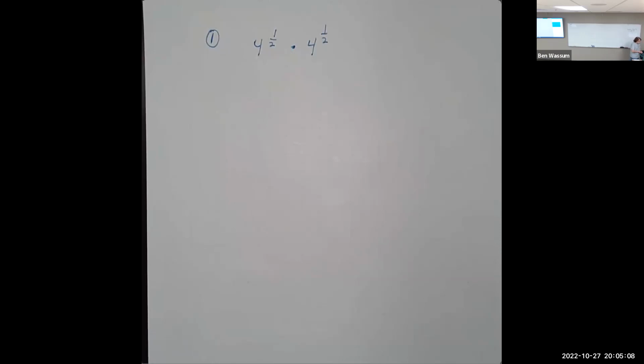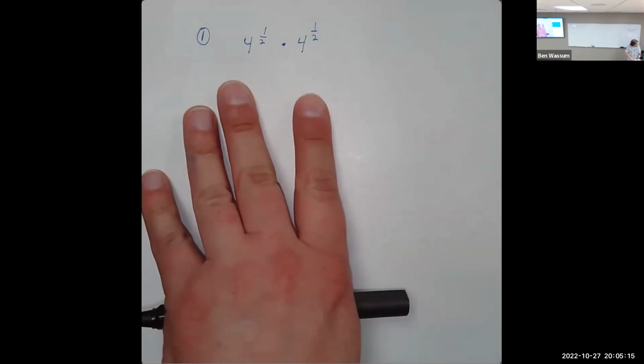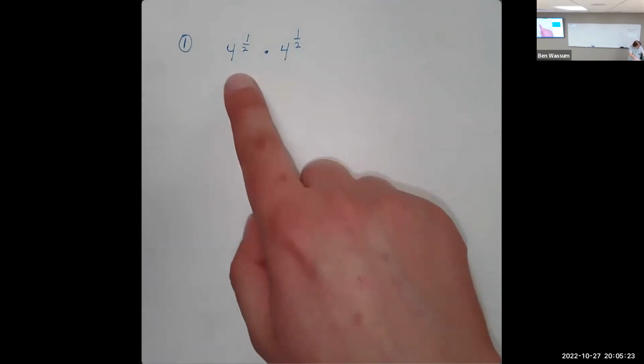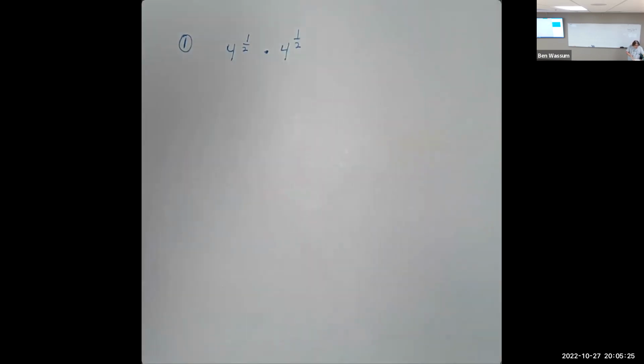Because one of the things I've always been a big fan of when working more difficult problems is comparing them to the most basic concept you can. Think, okay, I have something to a power times something to a power. The somethings are the same, right?